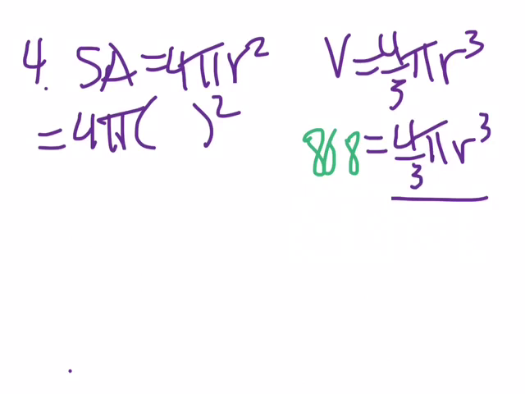To get rid of it, let's multiply by the reciprocal. So dividing by 4/3 will work, or multiply both sides by 3/4. Those will cancel out. Then I do 3 times 808, and then divide it by 4. Okay, so I get 606.